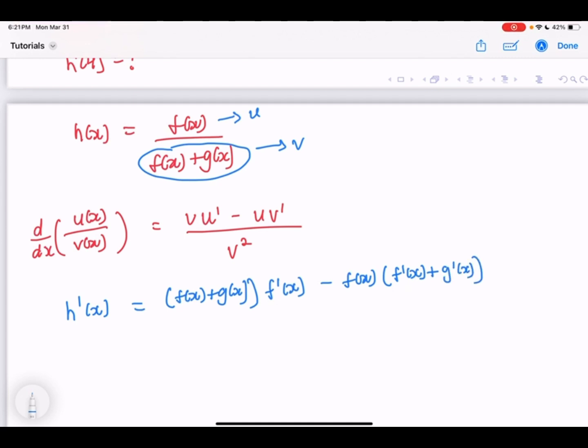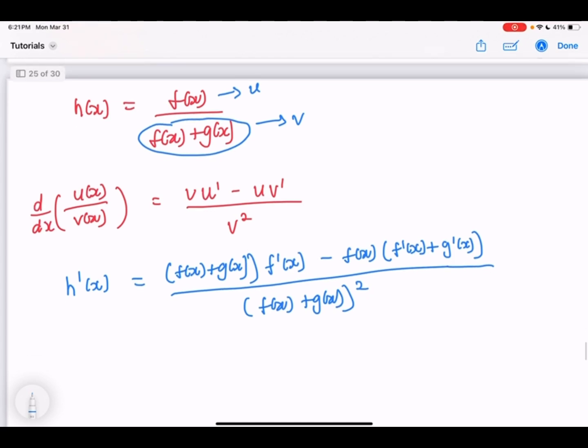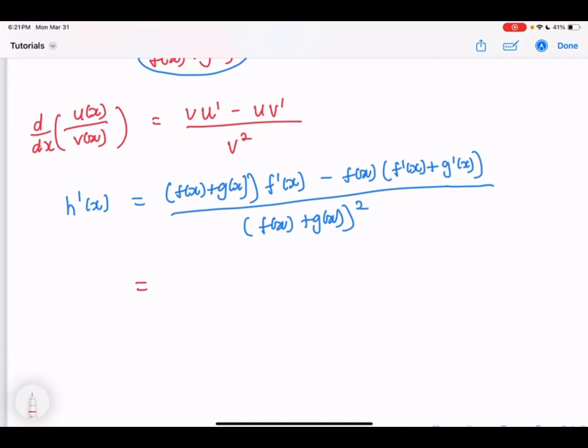So here we are going to use the sum rule, right? So we just differentiate each time. So you differentiate f, then you differentiate g, then all divided by v squared. And what's v? V is f of x plus g of x all squared. So that's it. Now let's simplify further a bit.